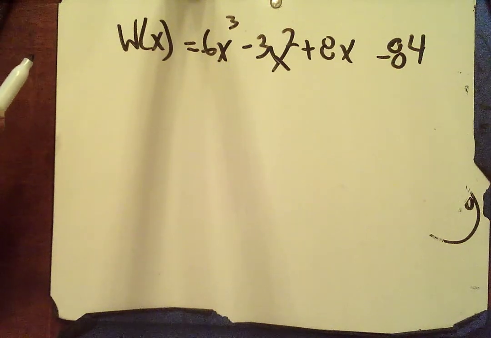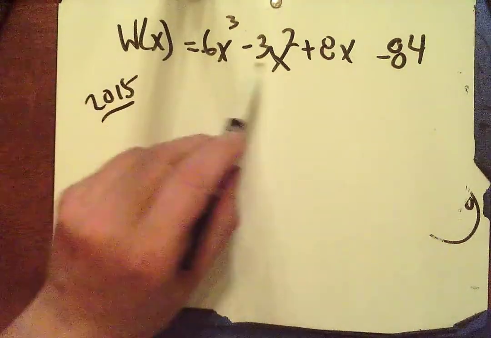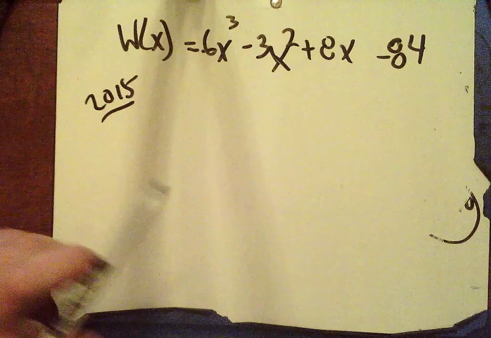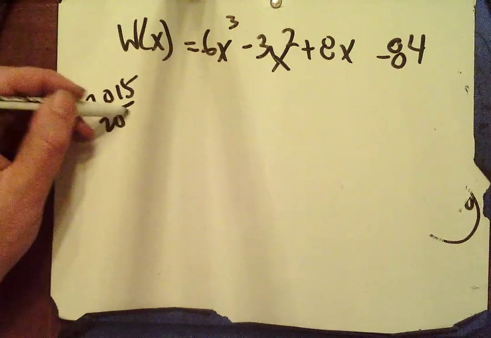Use synthetic division to find out how much carbon was released in 2015. Does that mean I plug a 2015 into those x's? No, no, no, because they said x is the number of years since 2002.